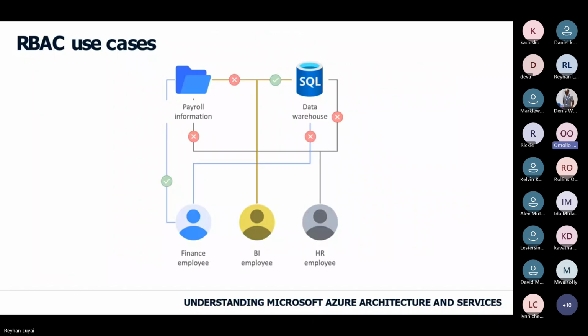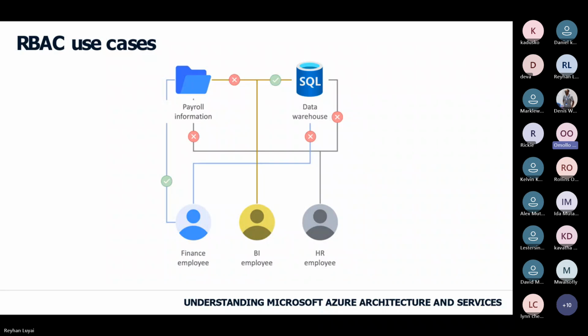Now let's look at role-based access control use cases. So here we have resources and then we have users. If you look clearly here, how many users do we have? We have 3 users: finance employee, BI employee, HR employee, okay?